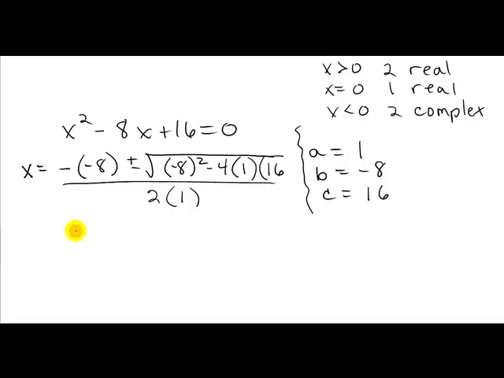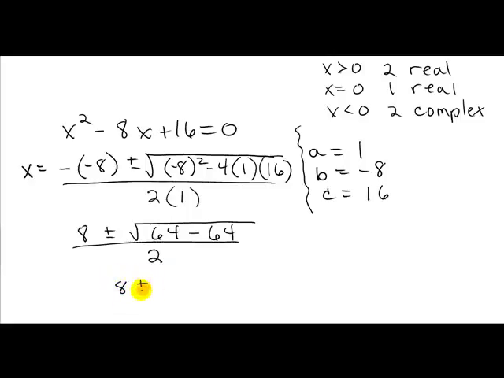So I'll have positive 8 plus or minus, that's 64 minus 4 times 16 is going to give me 64. All of this is over 2. So 8 plus or minus the square root of 0 over 2.